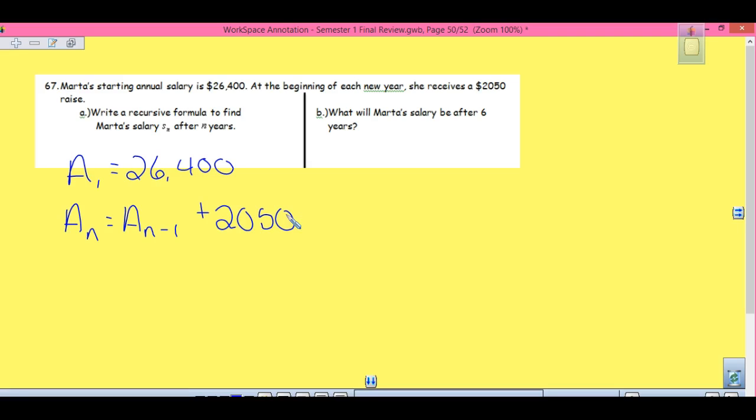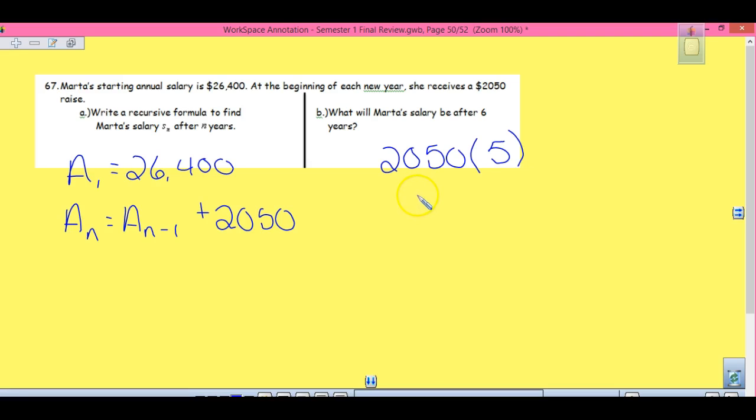Be careful when you figure out after 6 years. In order to plug it in, you have to subtract 1. So we're going to take 2,050 times what? How many years do they want? 6. So we have to subtract 1. 6 minus 1 is 5. That's what subtract 1 means. Take your number, subtract 1.